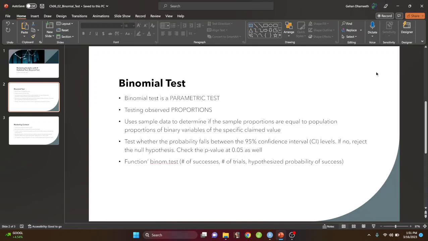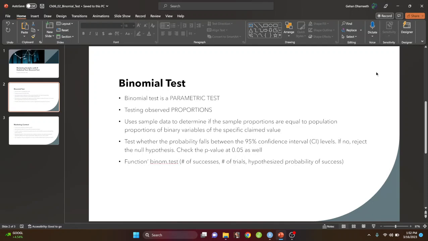So binomial test is a parametric test, which means that you take a sample and then you calculate the statistics based on the sample, and then based on the statistics that you find from the sample, you make decisions about the entire population.